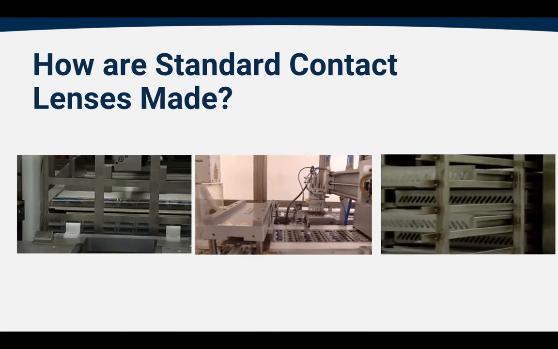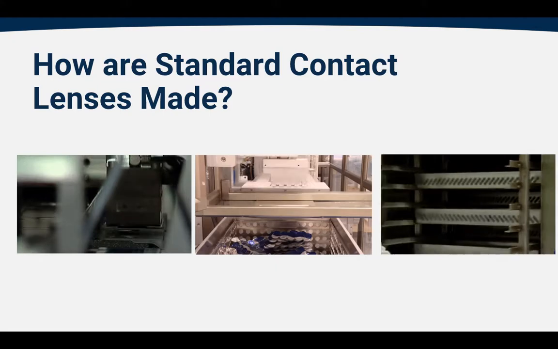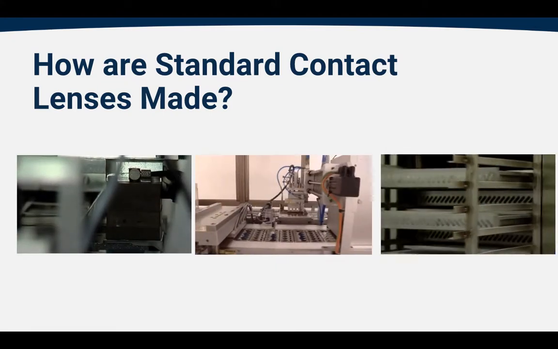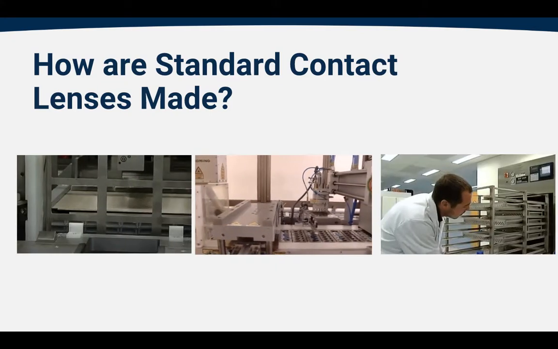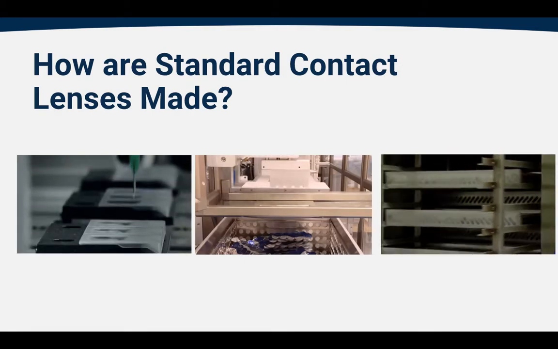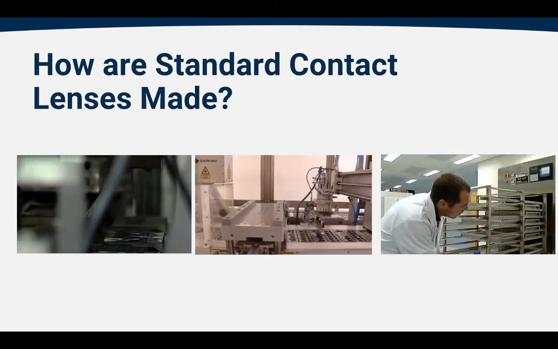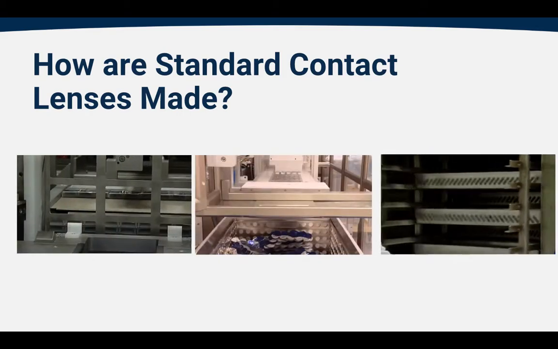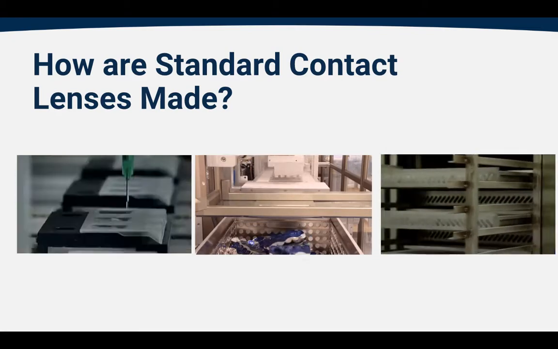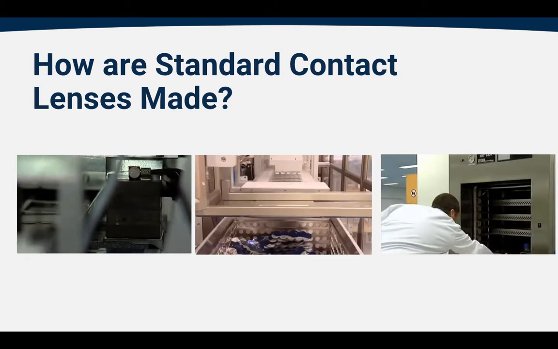After they become hydrated, their packaging process is completed and they're put into the familiar blister packages that we all know. Those packages are then sorted into the various parameters that they will be finally distributed in, and they undergo one last process called autoclaving. And autoclaving is a sterilization process to kill any sort of bacteria within those packages.